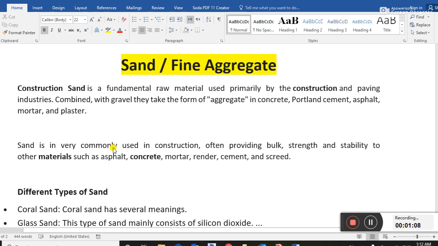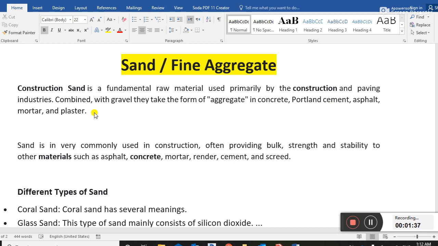Let's discuss construction. Sand is a fundamental raw material used primarily by the construction and paving industries. Combined with gravel, they take the form of aggregate in concrete, Portland cement, asphalt, mortar and plaster.